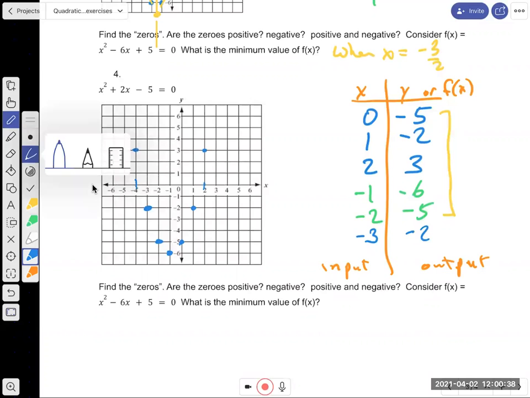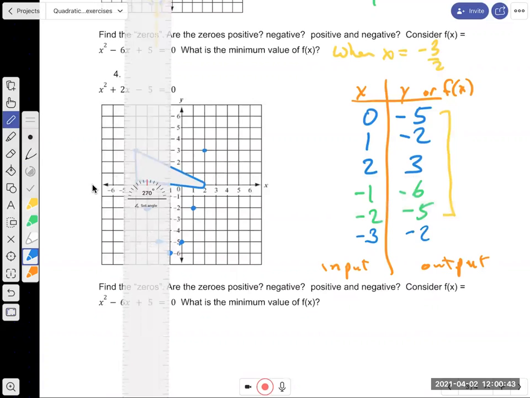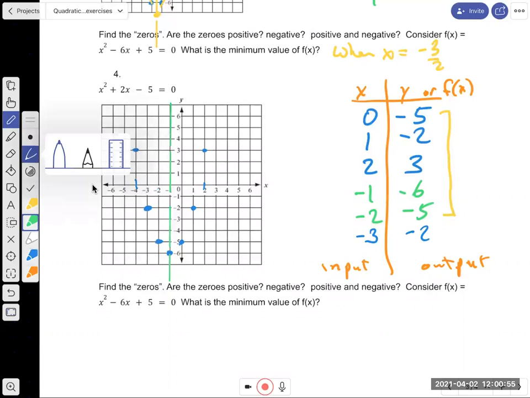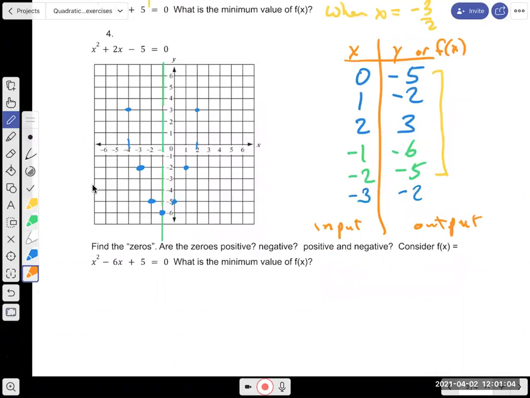Okay, so let's draw our line of symmetry. And our line of symmetry is right at x equals minus 1. Okay, so are there any zeros? There are, but you're going to see that we have to just estimate them, because we go through the x-axis somewhere between.